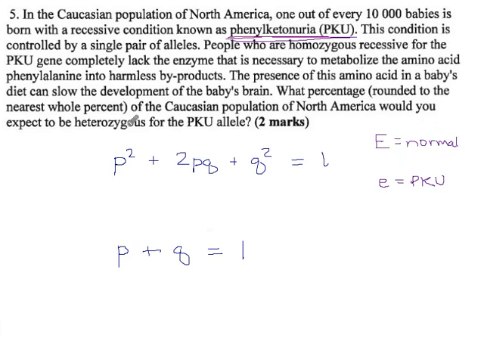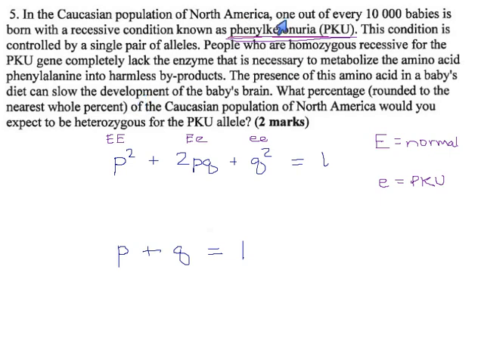So P squared represents the people who have the normal dominant allele twice. 2PQ represents the people who have one of each. And Q squared is the people who are double recessive and actually have the PKU trait.